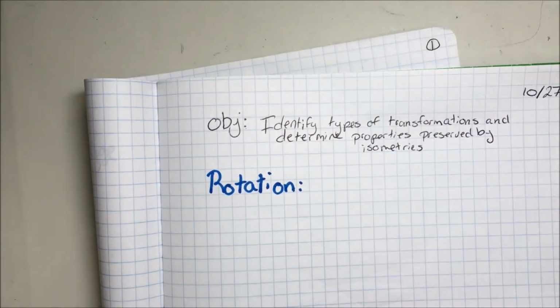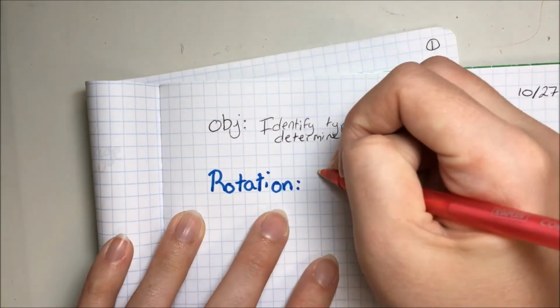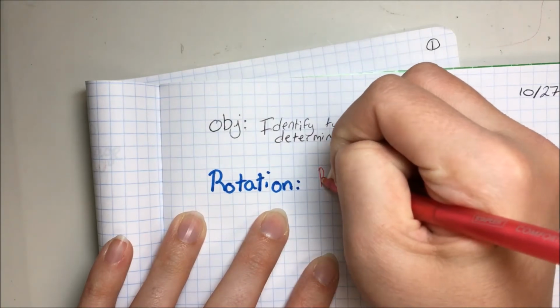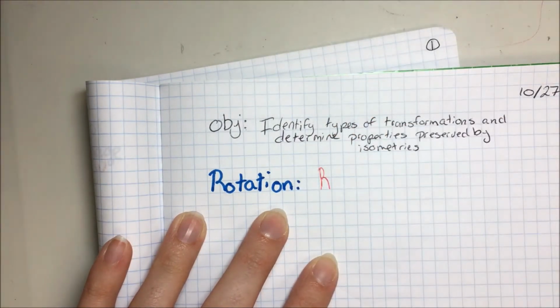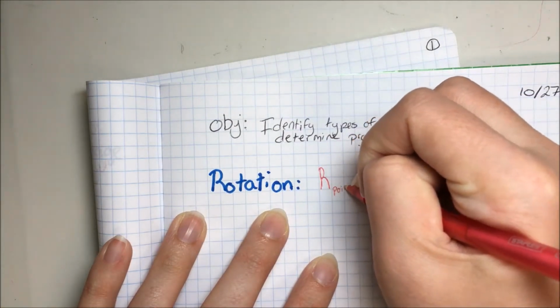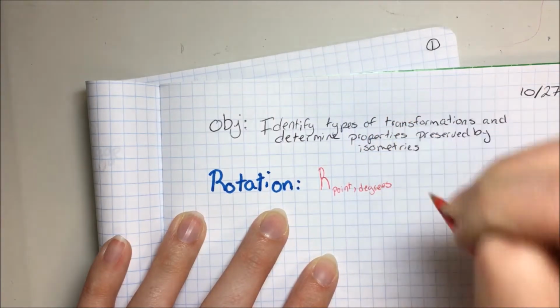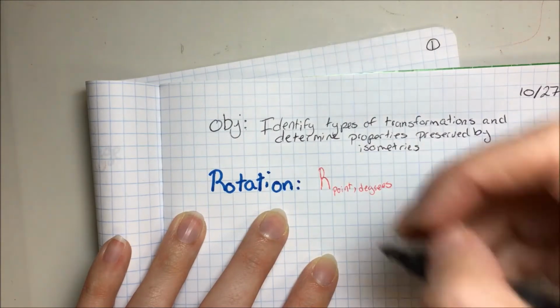If I were to use function notation for rotation, it would be a capital R followed by the point it's being rotated around and the number of degrees. I don't know, I'm writing this in red. I should be writing this in black.